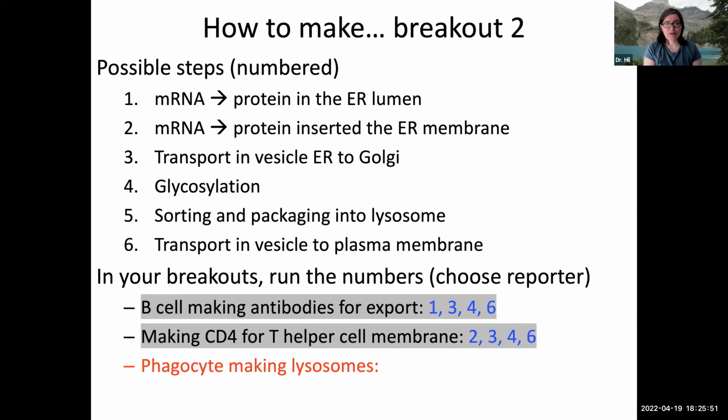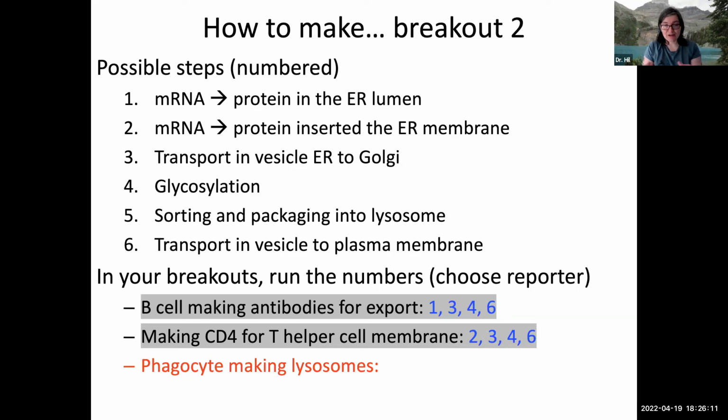So the enzymes go through the ER, they go to the Golgi, and the Golgi recognizes that those are not supposed to go to the surface of the cell. They're not supposed to be sent outside like antibodies or like insulin. They're not supposed to go to the membrane like membrane proteins. They're supposed to be in the lysosome.